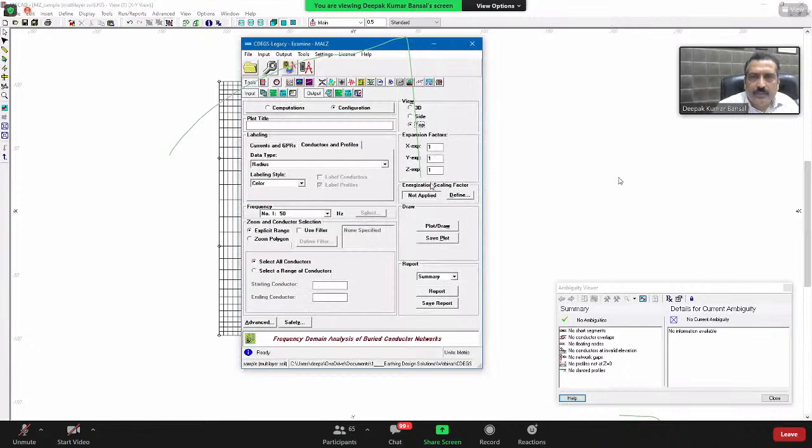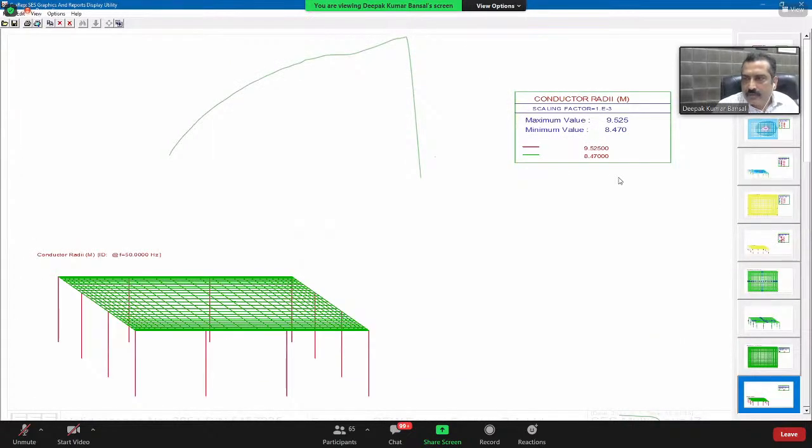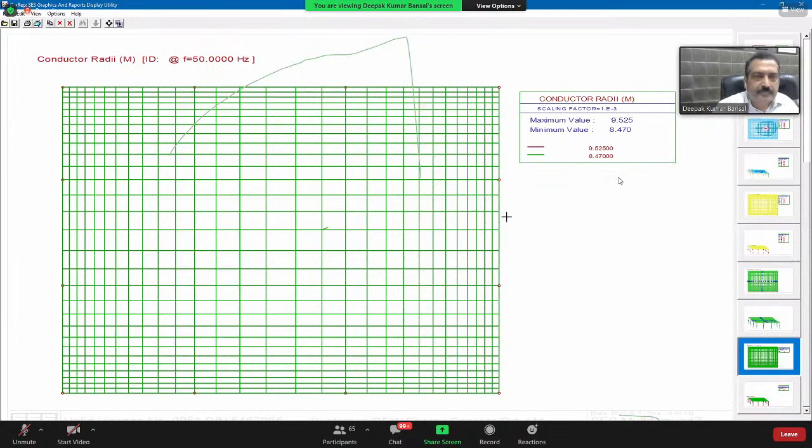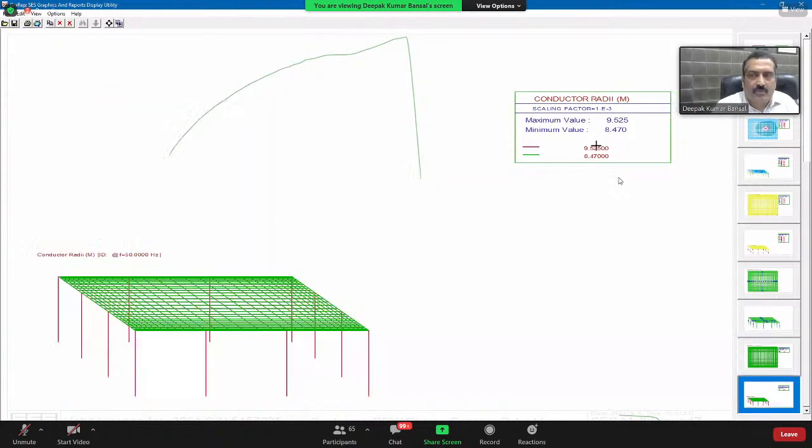We'll use color because I don't want any text here. It is difficult to read text. It's easier to visualize. So basically, it shows that two sizes of conductors we have used. If we had used more sizes of conductors, then it would have shown all of them with different color coding.